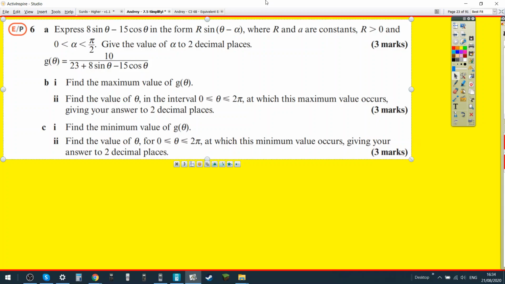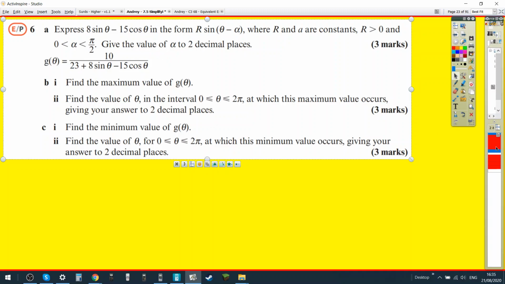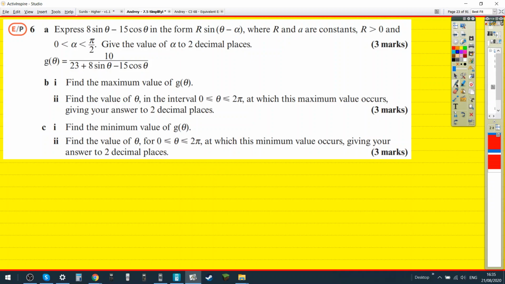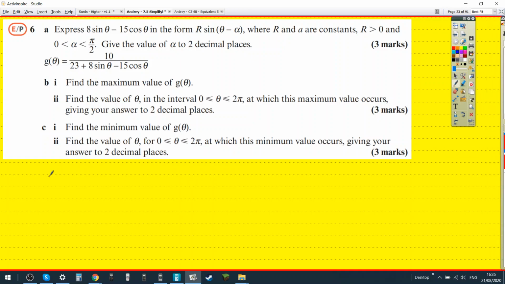Hang on, r sine theta minus alpha. I just want to see this one. Express 8 sine theta minus 15 cos theta. Alright, better do this.